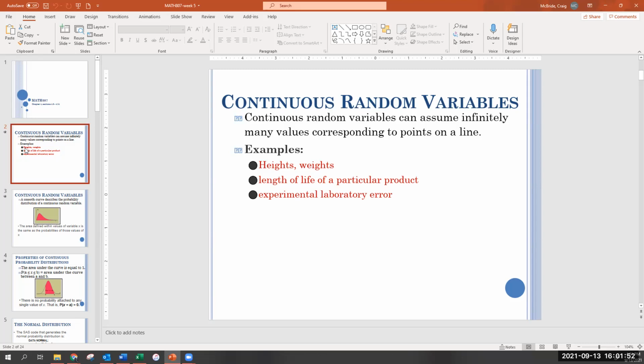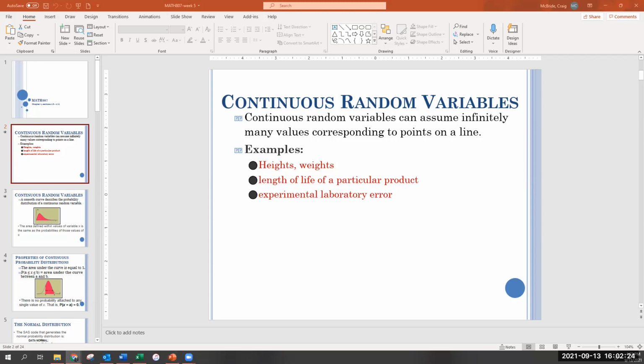We've talked about these before. There's the difference between a continuous variable and a discrete variable. Well, it's going to come into play a lot this week because now we're going to be talking about continuous random variables. So last week when we talked about the binomial distribution and the good old Poisson, both of those were what are called discrete random variables.